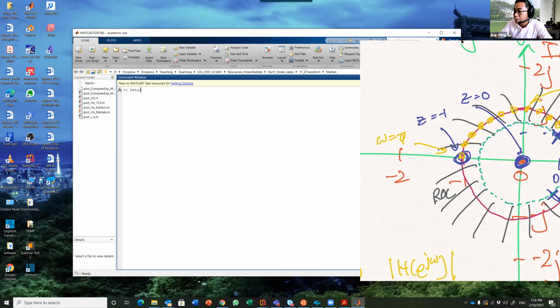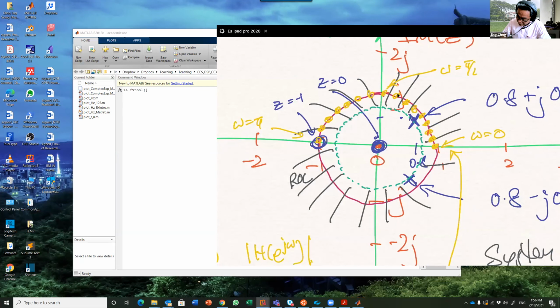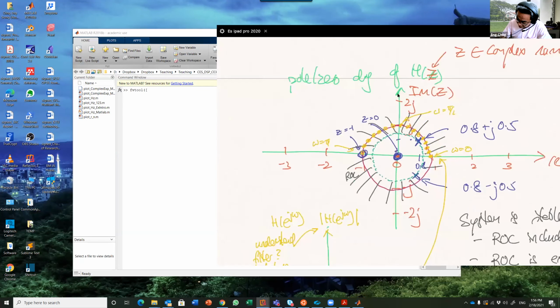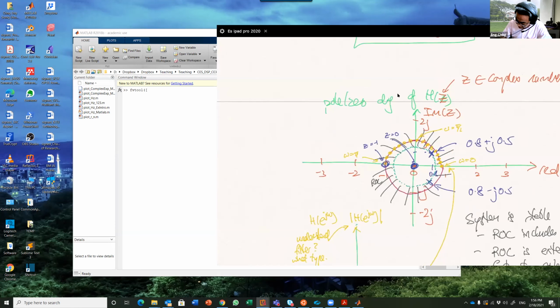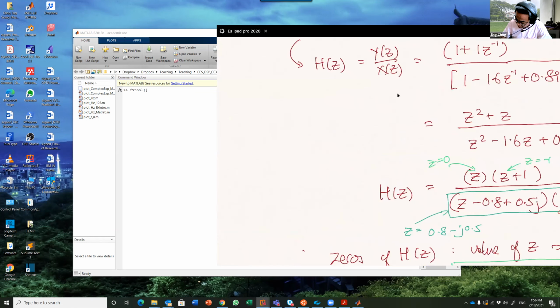Now, I'm going to punch in a sequence of numbers. So what is the sequence of numbers I'll punch in? It is exactly these numbers. So the numbers are 1, 1, 0 for the top, and the bottom is 1, minus 1.6, 0.89.